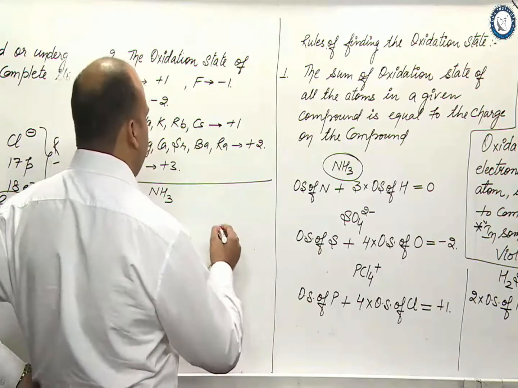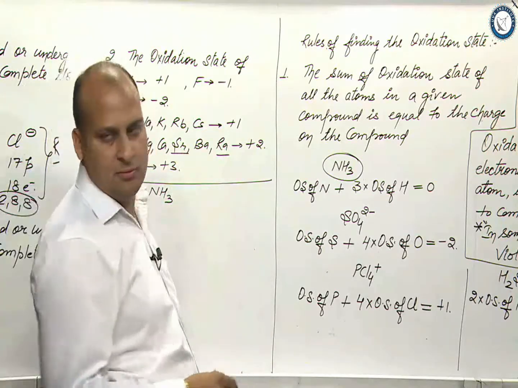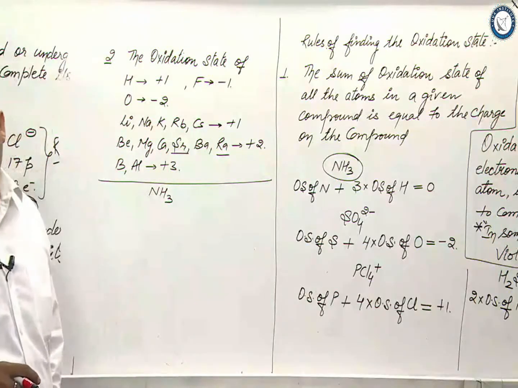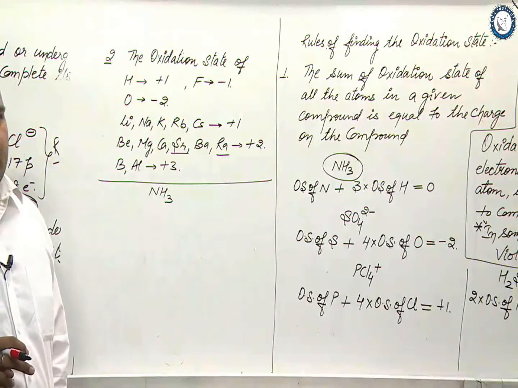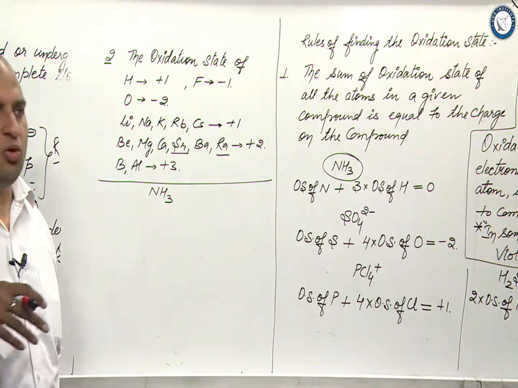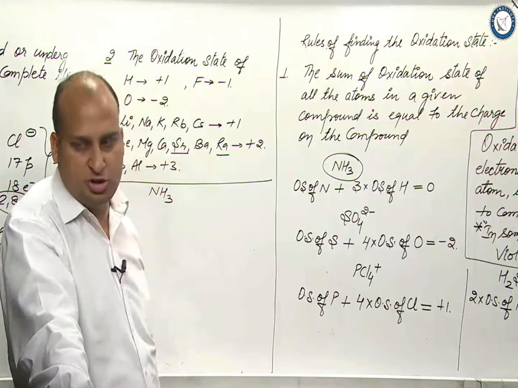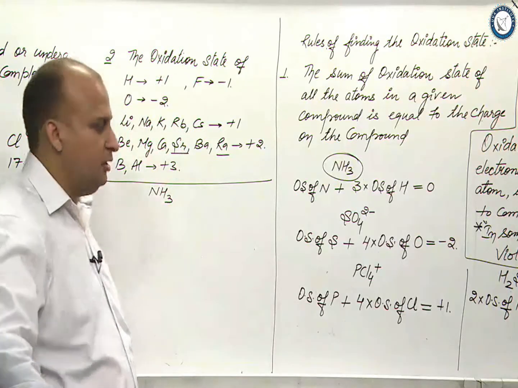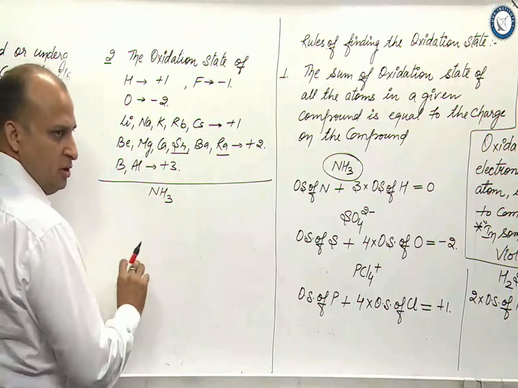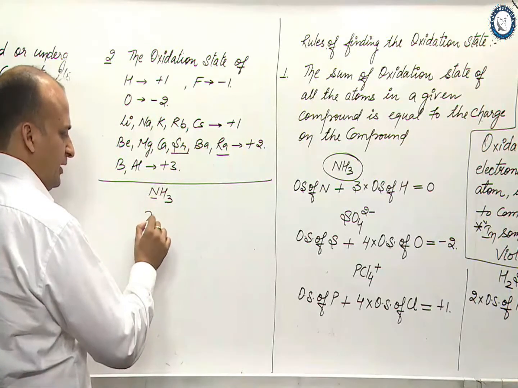Okay. So for hydrogen you know. Now the unknown value is, for nitrogen we don't know, so I take it as X.